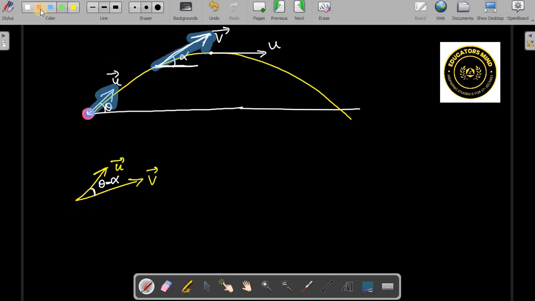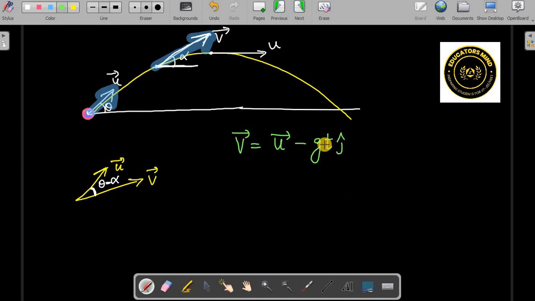How do we calculate the angle between these two vectors? Whatever this angle will be, how to calculate that? So we can write vectors and take the dot product. v is equal to u plus at, and here of course it is minus at. So if you want the u vector, you can break it here, because this acceleration is in the downward direction.